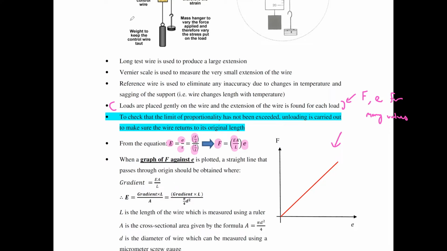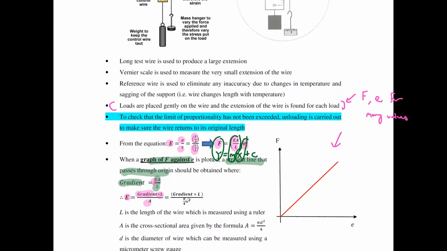If you compare with the equation of a straight line, y being F, gradient being EA over L, x being e, you're supposed to get a graph with a straight line that passes through the origin if you plot F against e. From here, the gradient is actually EA over L, from which you can find out E. E will be gradient times L over A.